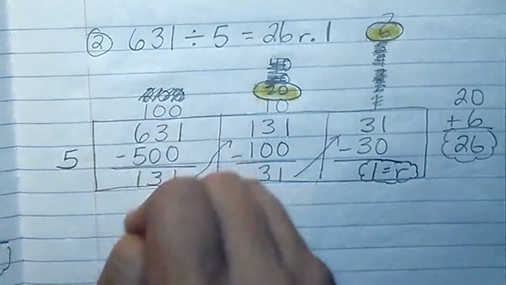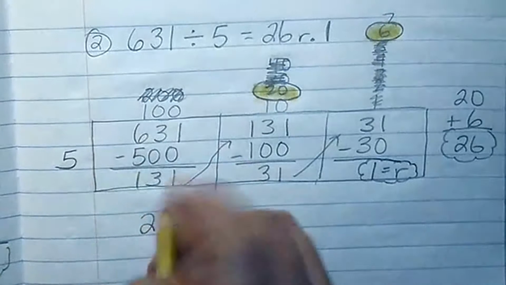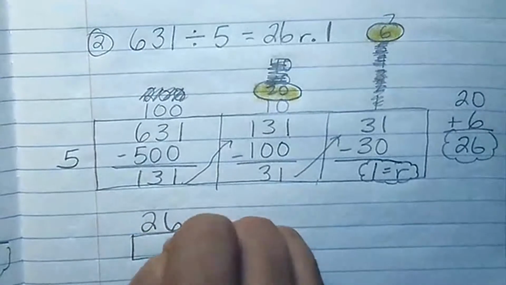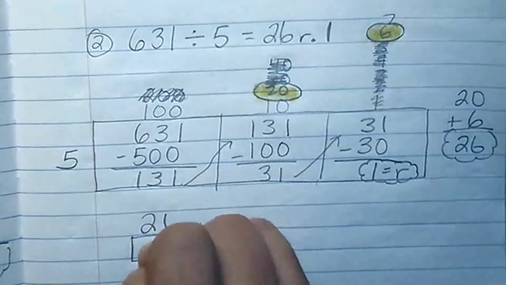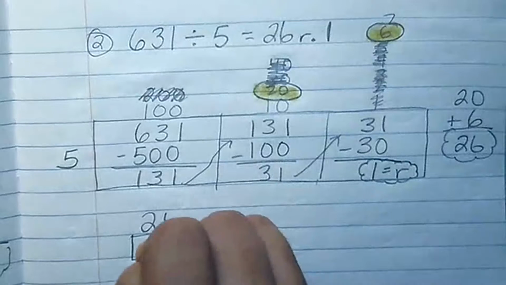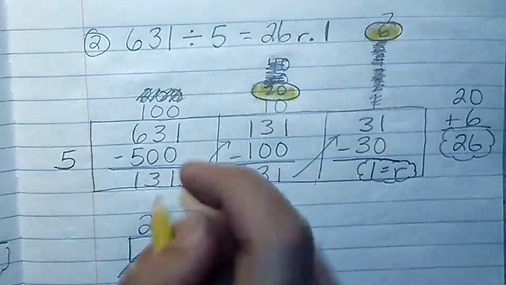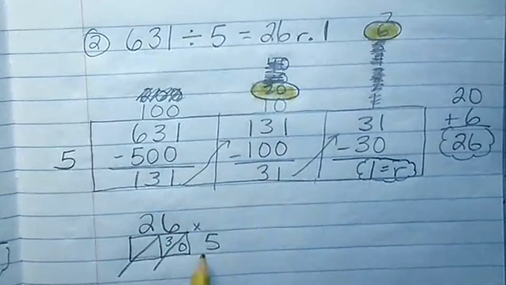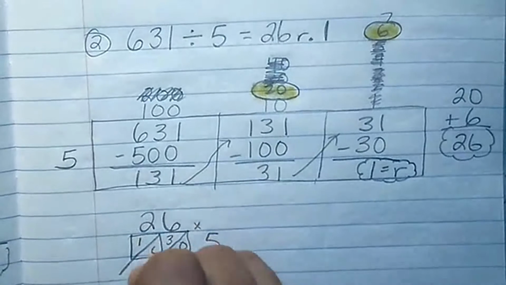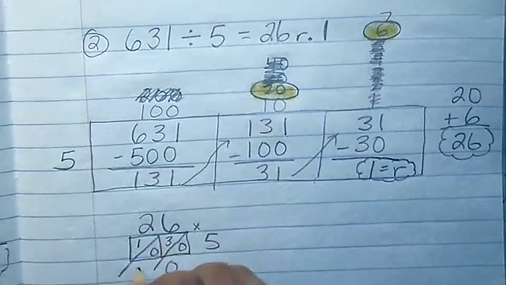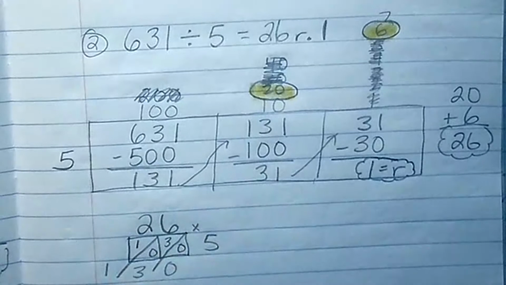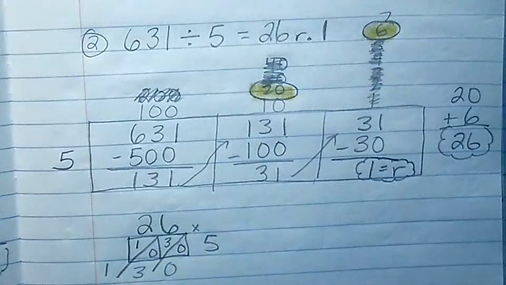So let's do 26 times 5. 5 times 6 is 30. 5 times 2 is 10. Let's slide down our slides. I've got 130. Uh-oh. What have I done?